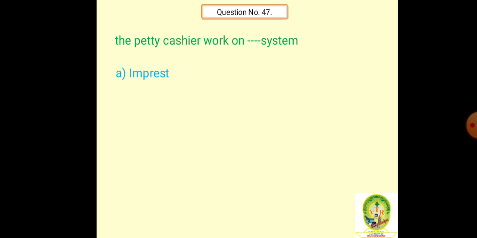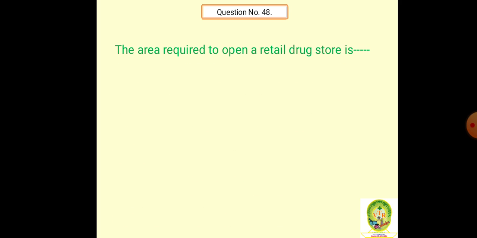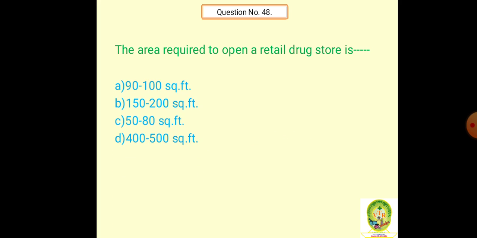Right answer is A. The area required to open a retail drugstore is, options are A. 90 to 100 square feet, B. 150 to 200 square feet, C. 50 to 80 square feet, D. 400 to 500 square feet. Right answer is A.